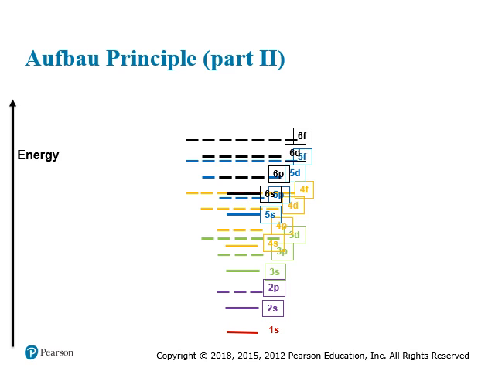When we take a look at these orbitals now, if I were to ask you to order them from lowest to highest, then you might say that the 1s is the lowest, followed by the 2s, followed by the 2p, followed by the 3s, followed by the 3p, followed by the 4s because of the overlap, followed by the 3d, followed by the 4p, followed by the 5s, followed by the 4d, followed by the 5p, and then the 6s and the 4f are really close, but it looks like the 6s is a little bit lower.